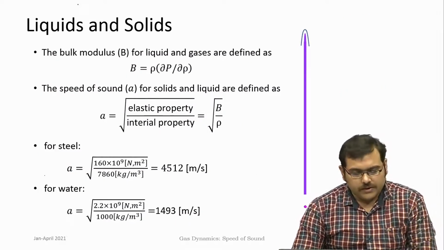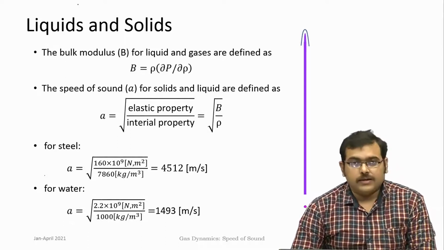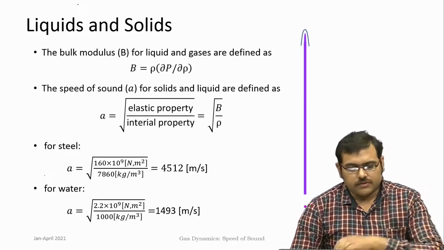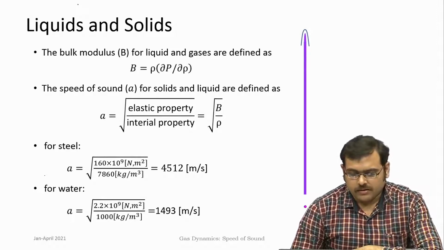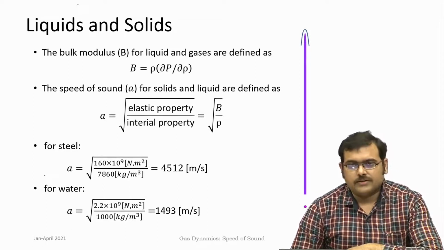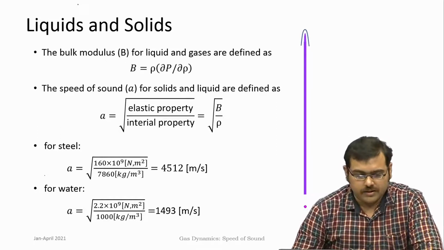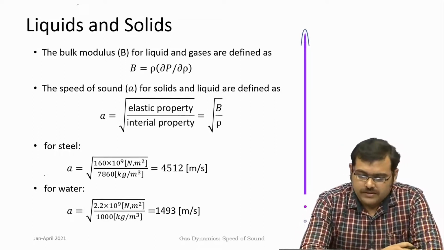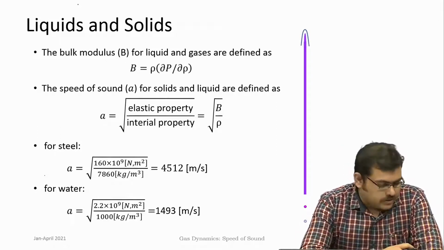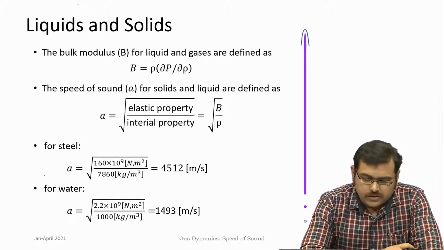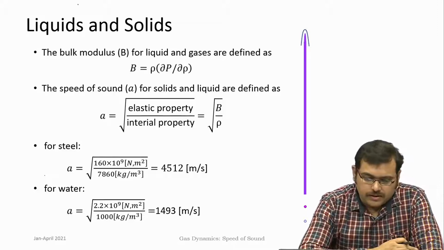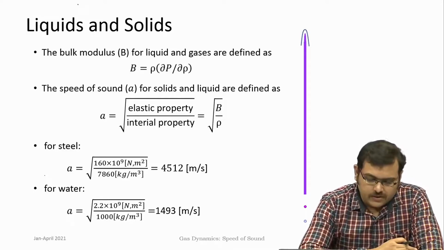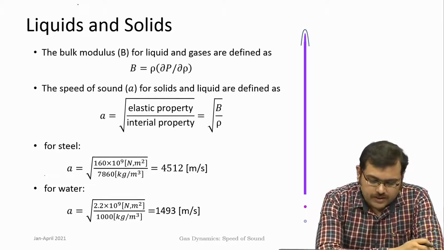Now speed of sound is not just in a gaseous medium, it is also for solids and liquids, and there the relevant property is the bulk modulus, basically how density changes with pressure. So the speed of sound is related to the bulk modulus and the density: square root of bulk modulus by density.